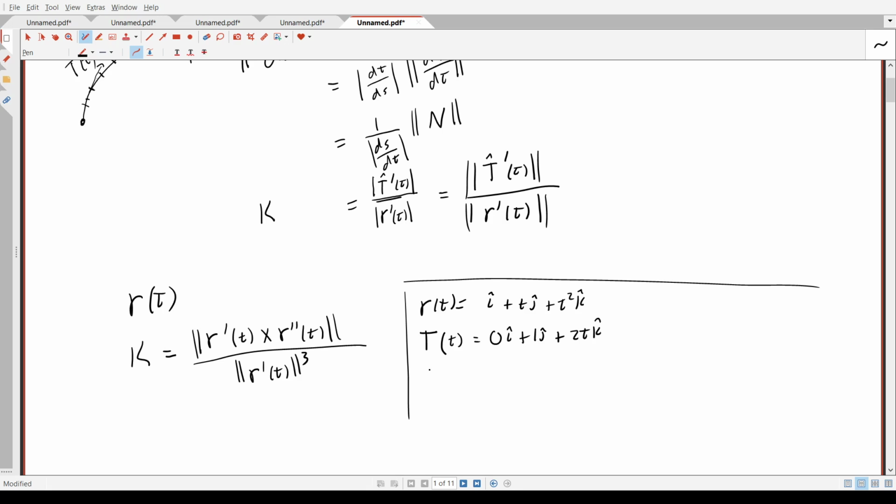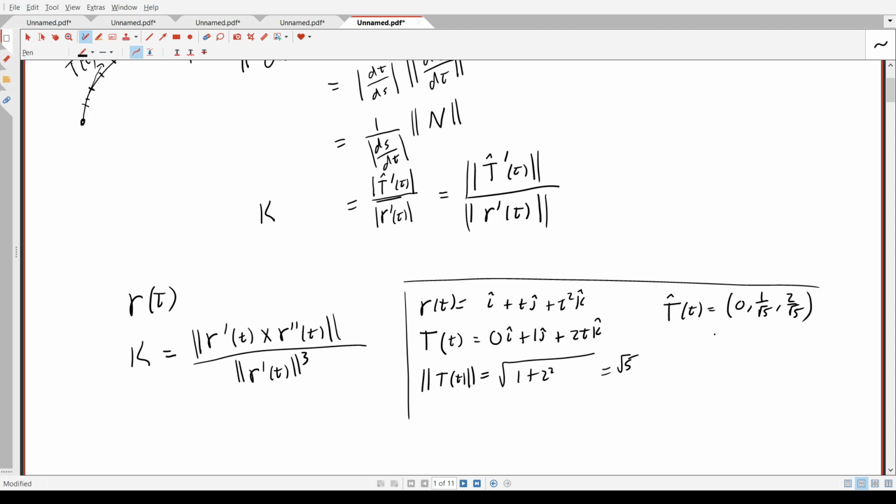And then I need the norm of this so I can find the unit tangent vector. So the norm of the tangent vector, that's going to be the square root of 1 plus 2 squared. That's root 5. And that tells me that the unit tangent vector, sorry, not the derivative, the unit tangent vector, in component form, is 1 over root 5, 2 over root 5.